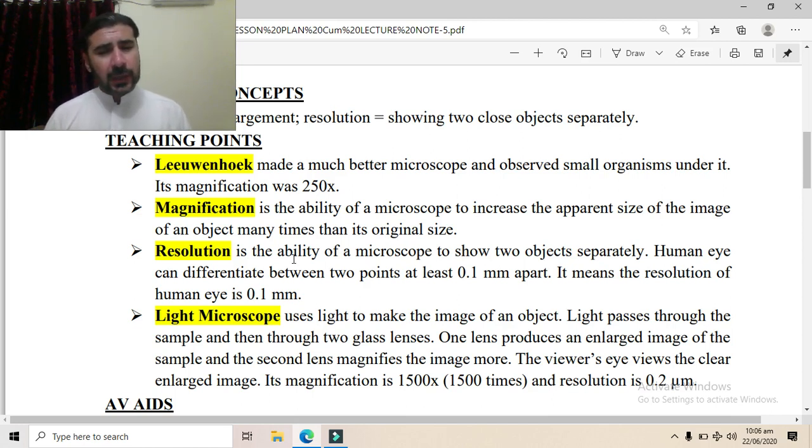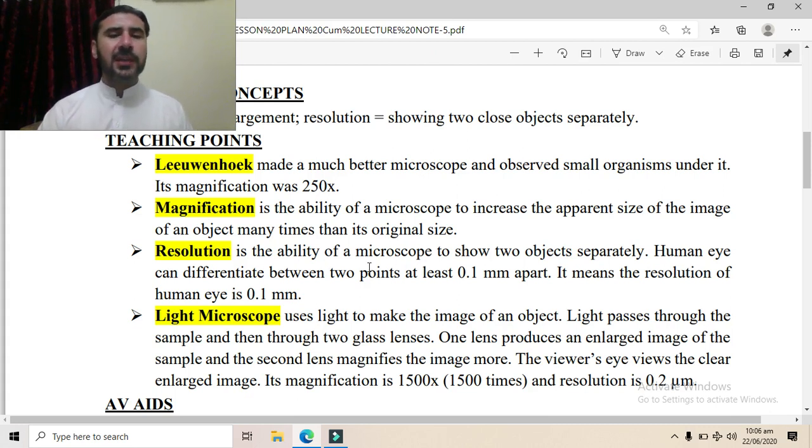So in biology and in other fields also, we need resolution. Resolution means we want to clearly differentiate two objects which are very close to each other. For example, we are observing a human cell or animal cell, so we want to differentiate the nucleus from the nearby endoplasmic reticulum, which is found very close to the nucleus.